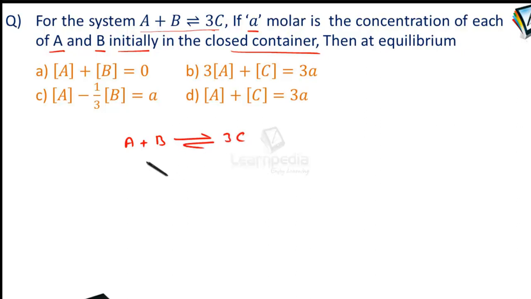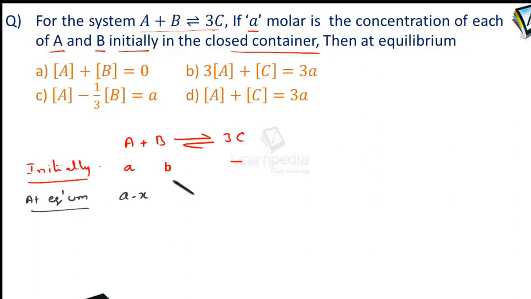If a molar is the concentration of each of the substances A and B initially in the closed container, where C is not formed, then let by the time equilibrium is attained, X moles of A reacted with X moles of B to give 3X moles of C. So out of a moles, at equilibrium, X moles reacted.